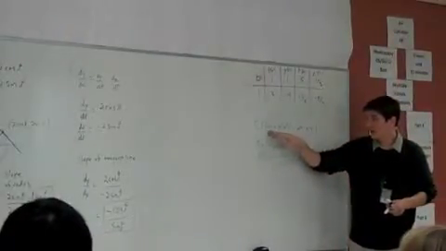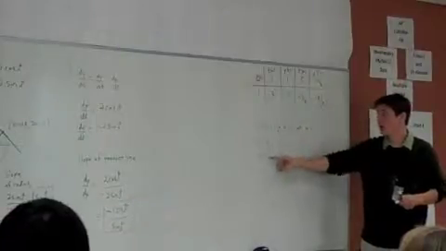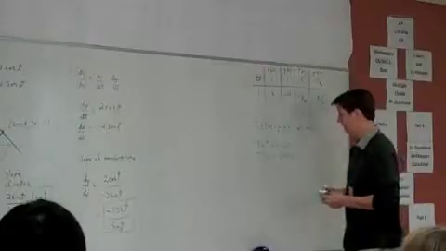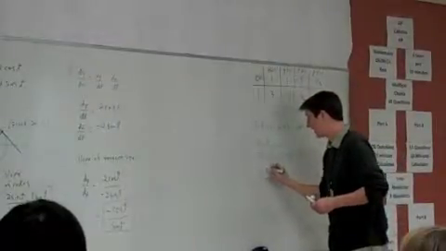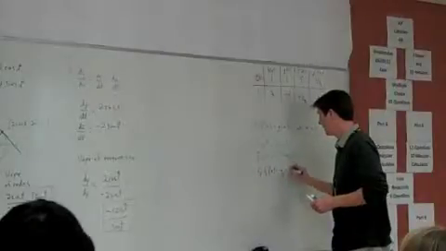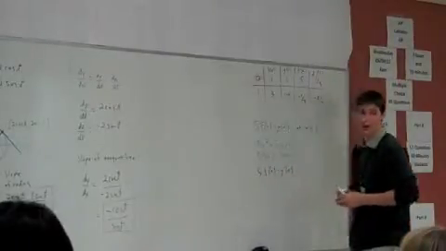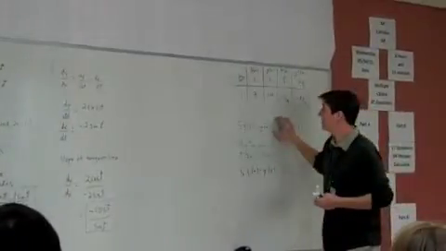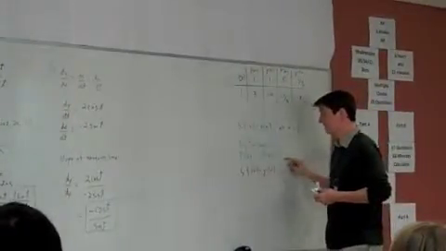If it's just some function f of x and g of x and I don't know the specific function, it's 5 times the derivative of f minus the derivative of g. That is your derivative function, just like this is for this.